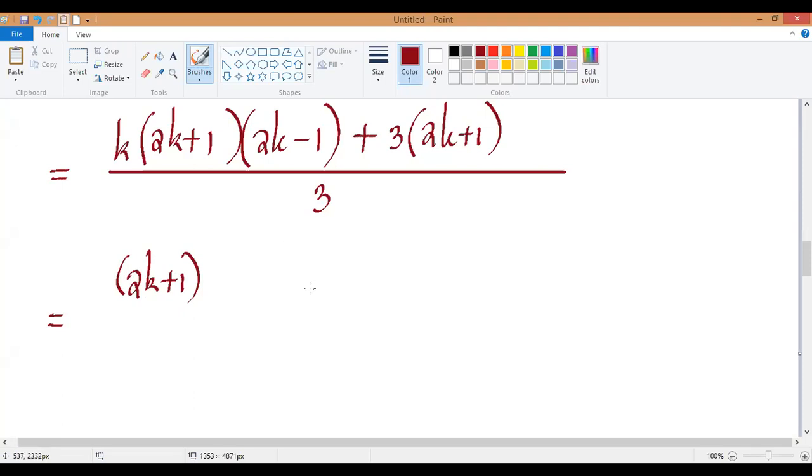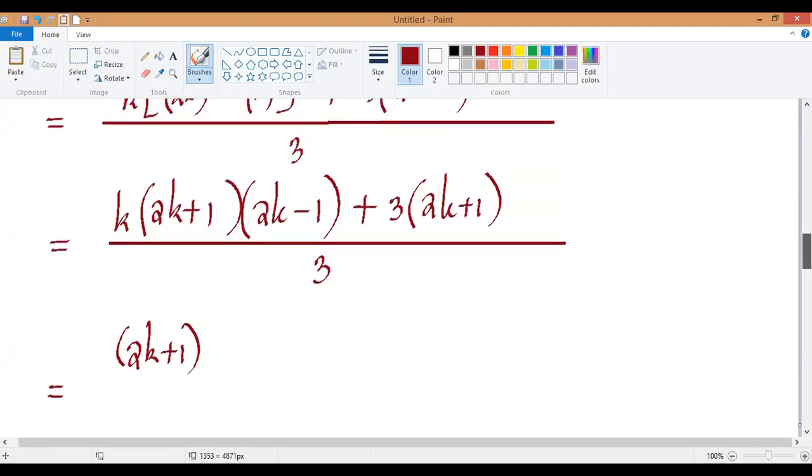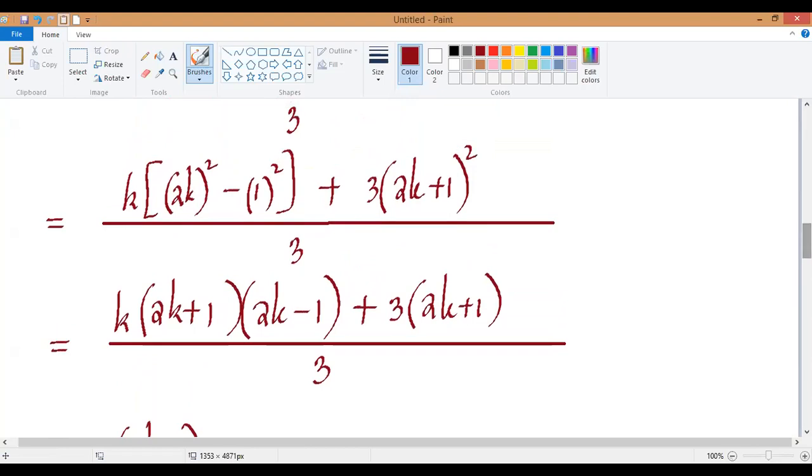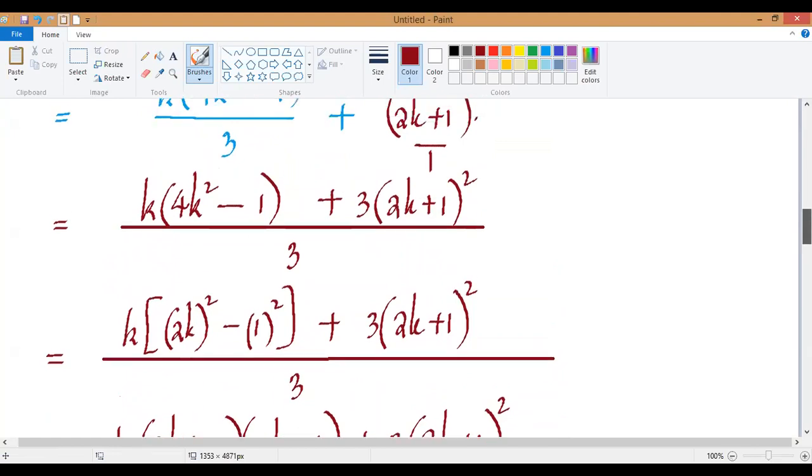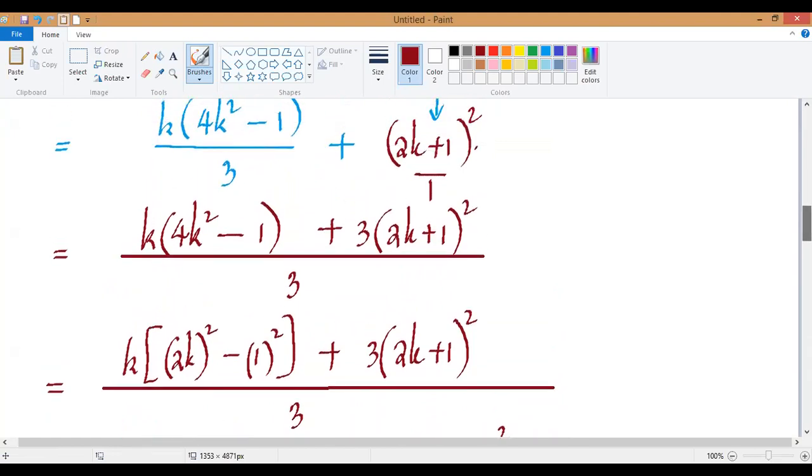Sir, that part has confused me. Where you split, how do you come up with the difference of squares?